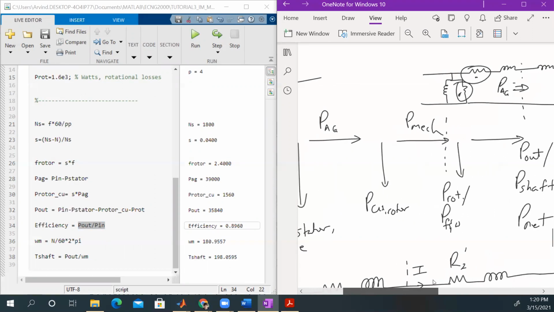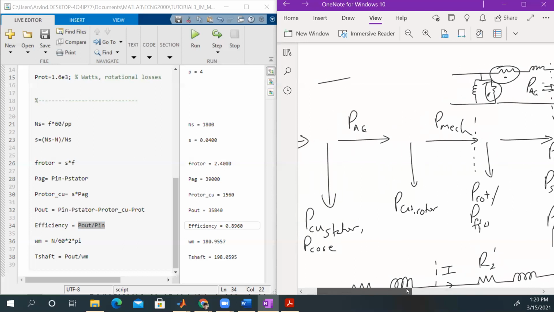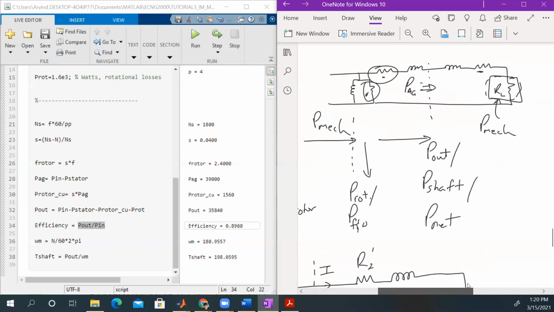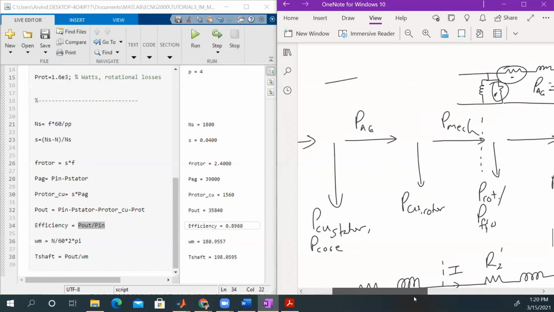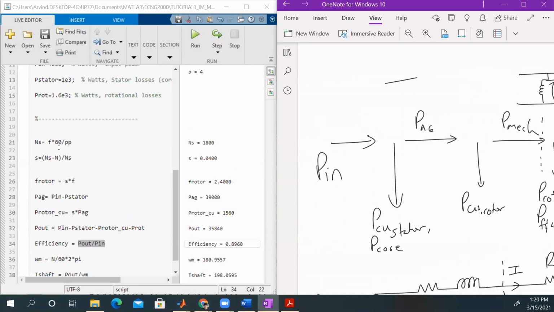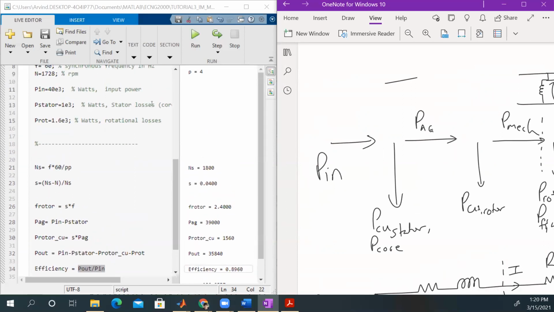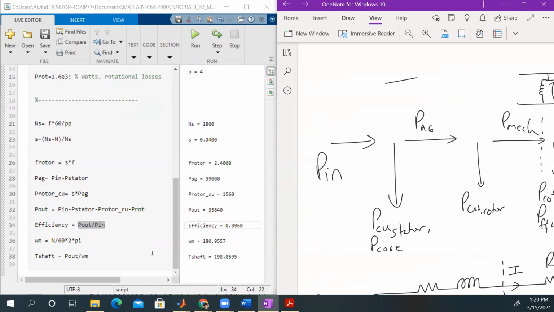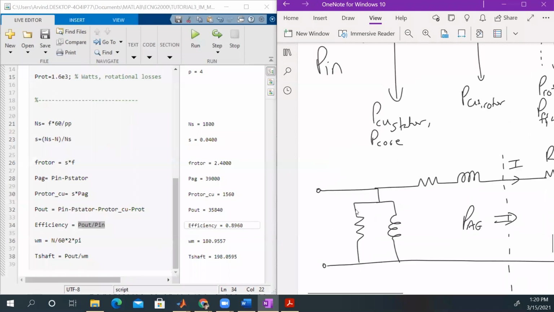Those three things take you from input all the way to output, right? So here we have P in minus P stator, where P stator takes care of the core and copper losses, then the rotor copper losses, and the rotational losses. We subtract those three things, we get P out, and then it is simply P out over P in.